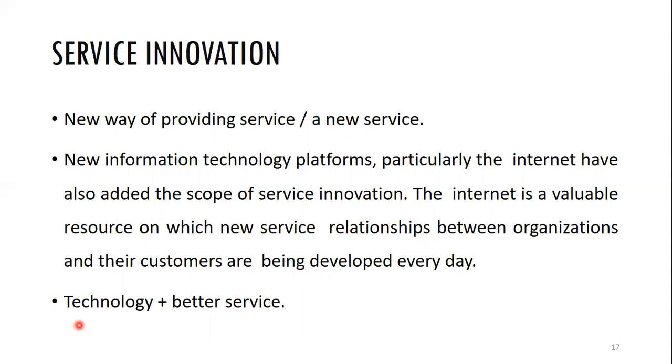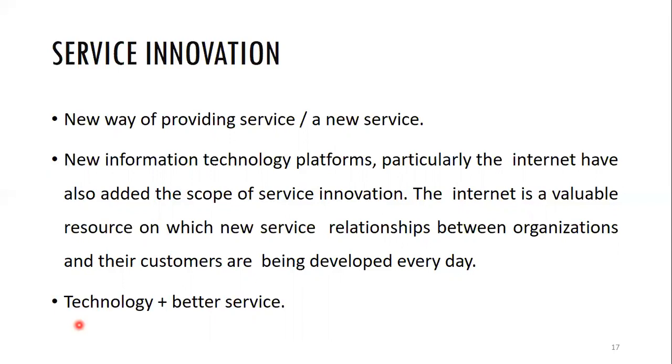Look around yourself, and you will see that in almost every service, technology or the internet is added into the service, and that is actually an innovation.